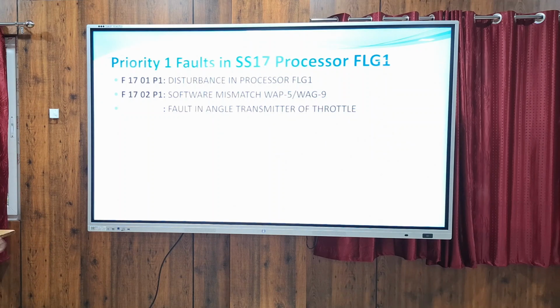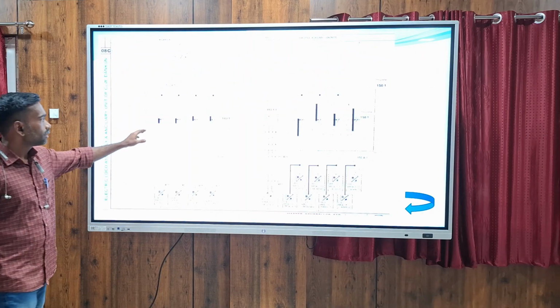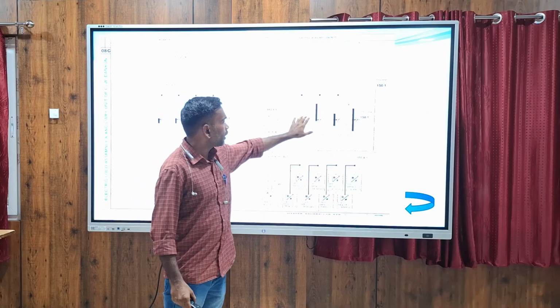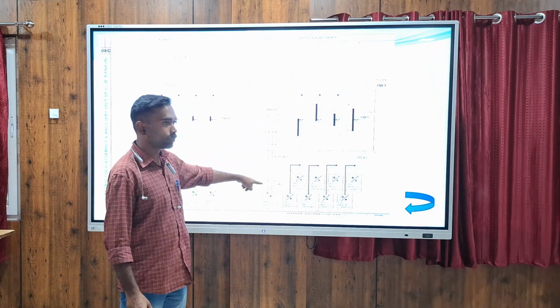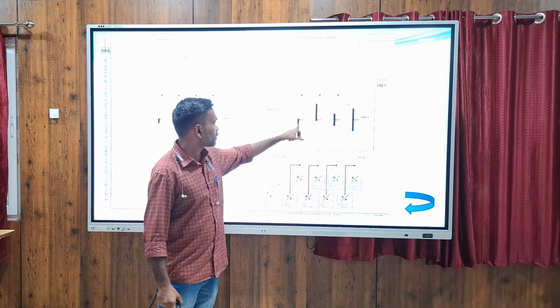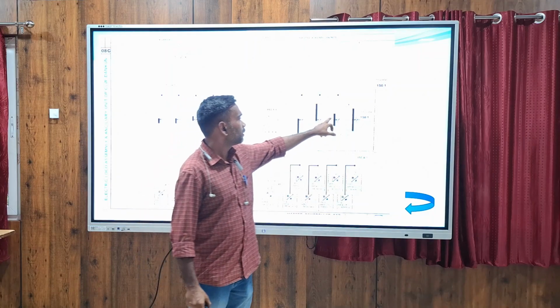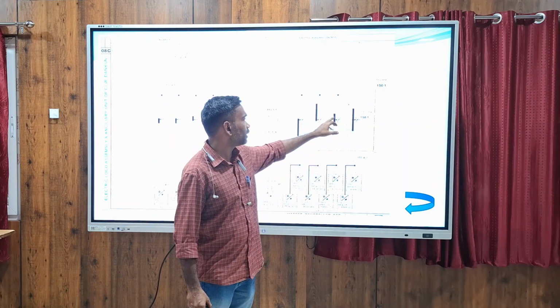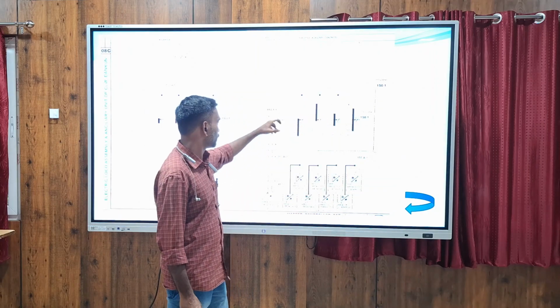Fault in angle transmitter of controller. This is the angle transmitter. Here we have 4 digital inputs and one analog output. So the first ones are for traction side, the other ones are for braking side. These two interlocks will tell whether it is in 0 position, 1/3, 2/3 or maximum side.